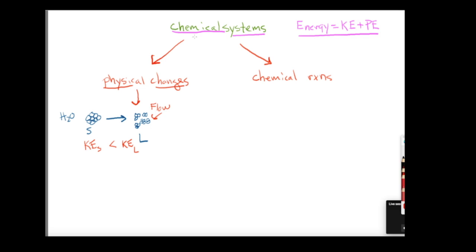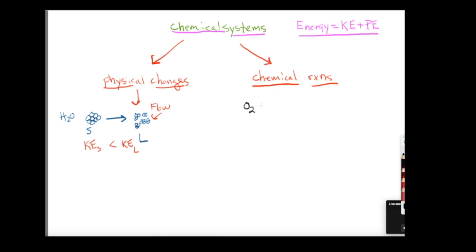So in chemical systems, when we talk about energy, one of the ways that we talk about it is in physical changes, taking something from a solid to a liquid, or from the liquid to the gas, for example. Now, I think an area that maybe is less clear to you is that we also can talk about how energy changes in chemical reactions.